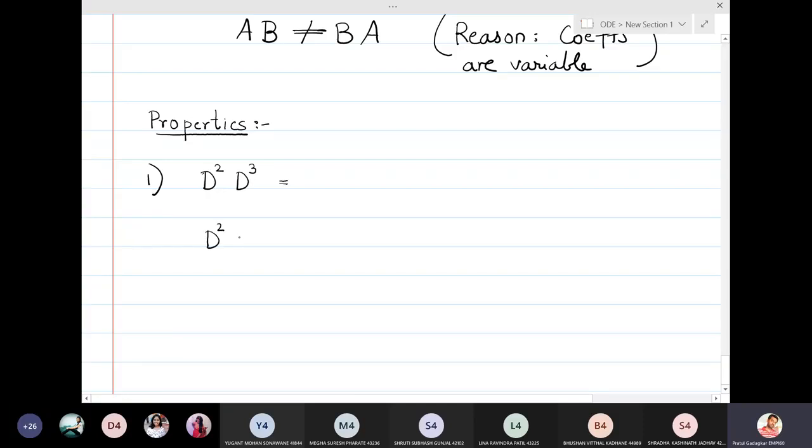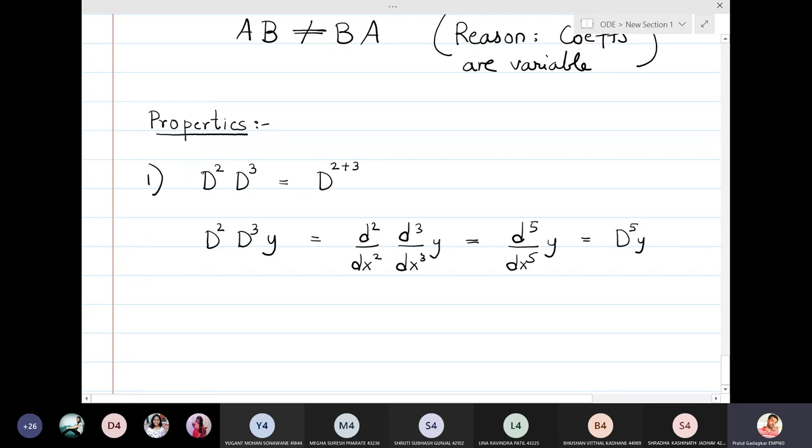So I know that d square and d cube of y is nothing but the second derivative and then the third derivative of y, which is basically the fifth derivative of y. So the property I'm having is that this is nothing but d raised to 2 plus 3, because this is the fifth derivative of y. So what am I trying to observe in general? What am I trying to say?